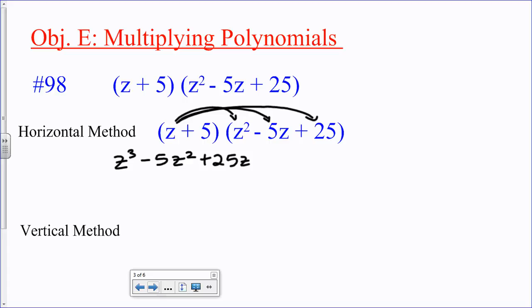And this is called the horizontal method because I'm going to keep things in a single row. So I'm going to distribute the 5, and I'm going to just put it here at the end and keep it in the same row. So 5 times z squared is 5z squared. 5 times negative 5z is negative 25z. And 5 times 25 is 125.